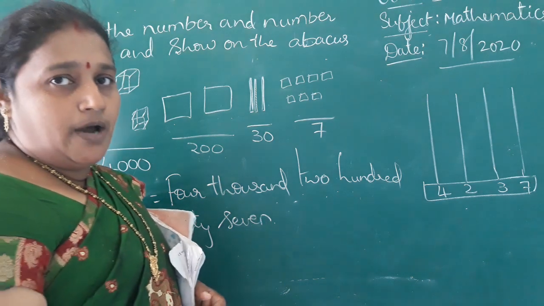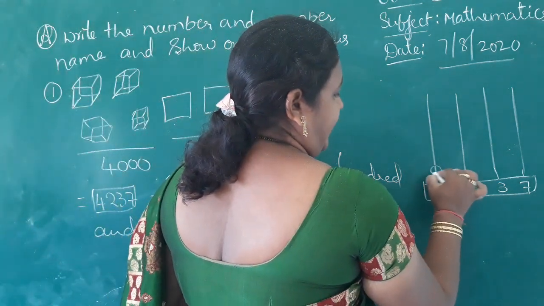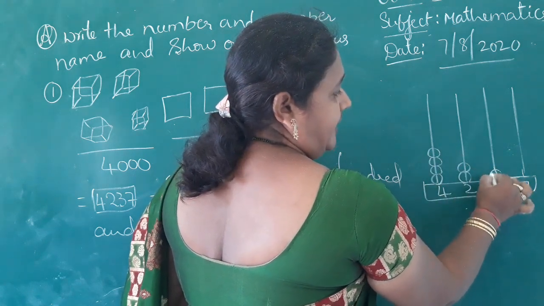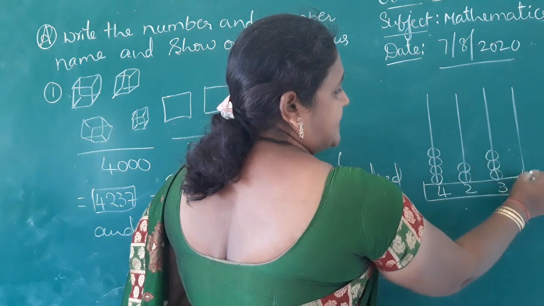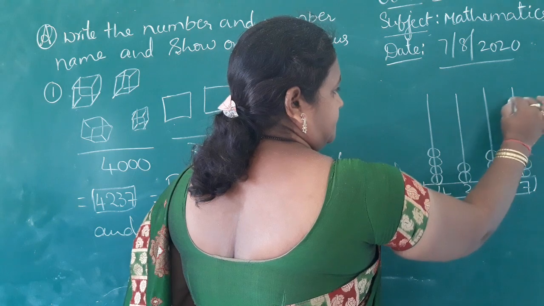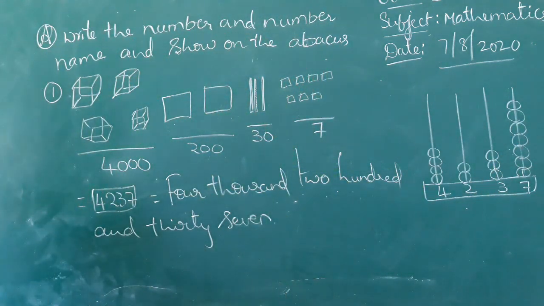In the first column, how many beads do you have to draw, children? 4,000 is 4 beads. 200s, 2 beads. 3 tens, 3 beads. 7 ones, 7 beads.